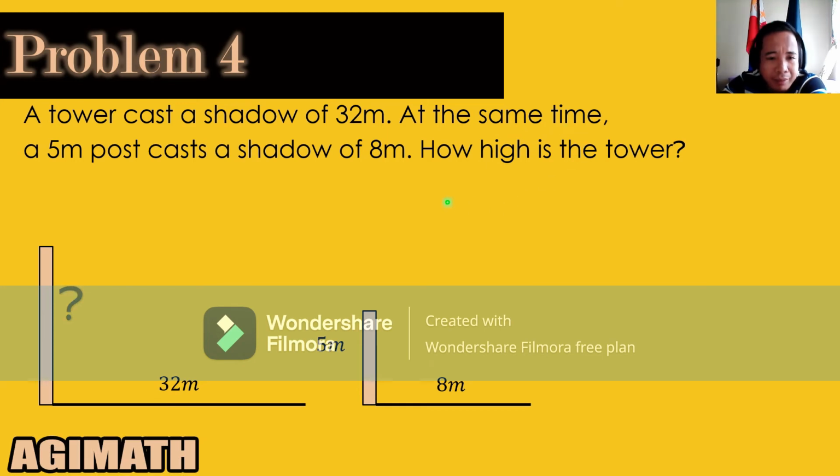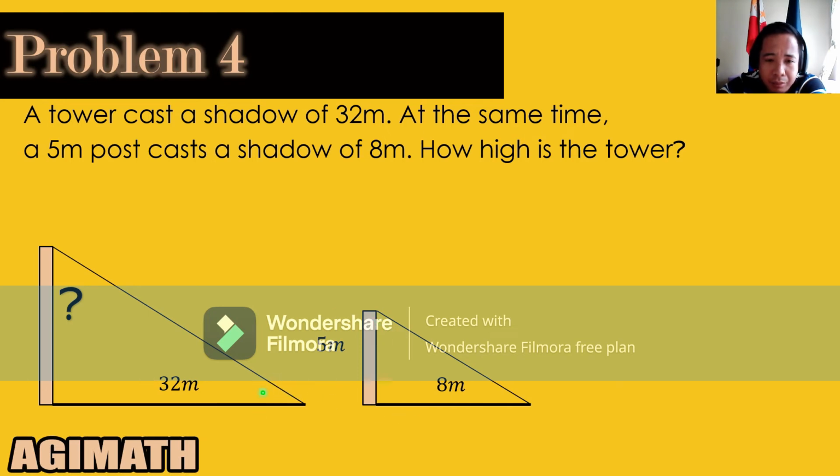So what does it mean? When we have the shadows and then it happened at the same time, it means that there is an imaginary line from the end of the shadow towards the sun, or towards at the end of the tower and the post.